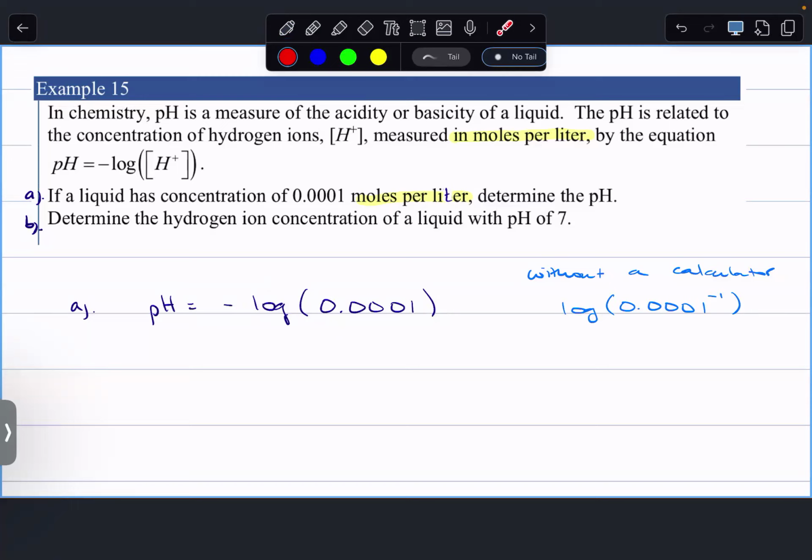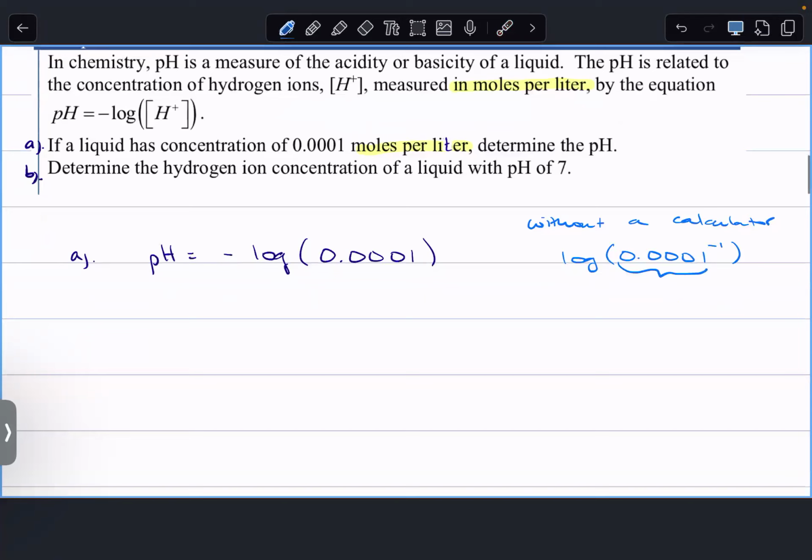So what do I have? It's really going to be 10 to the power of something equals 0.0001 to the -1. We will kind of need a calculator, but not the log function. This is the same as 1 over 0.0001, but that's going to be a big number.